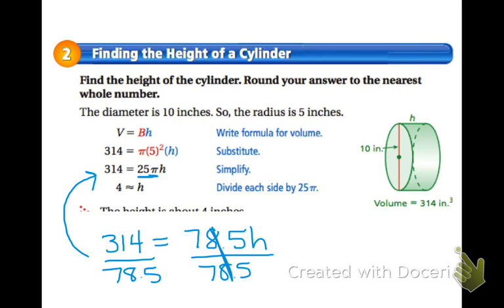Okay, that cancels. When I take 314 divided by 78.5, I get exactly 4, and then the unit dimensions would be inches. So when I divide this, this is equal to 4 inches.